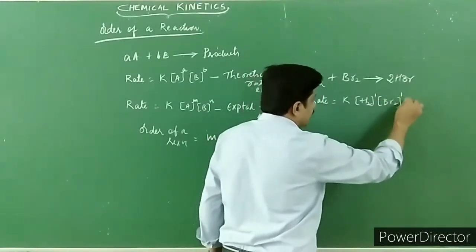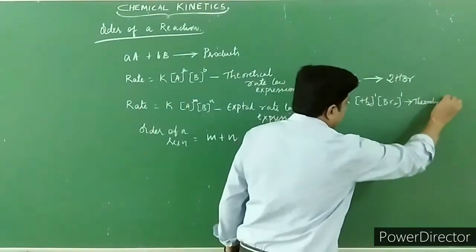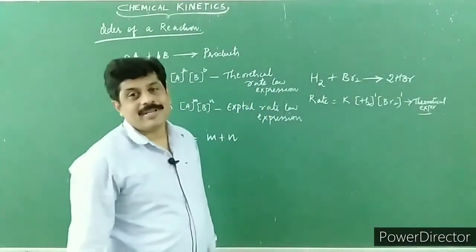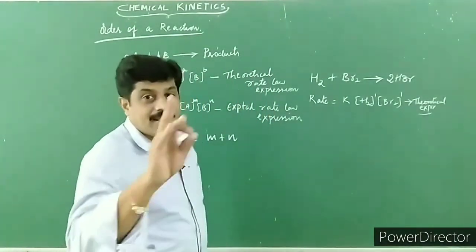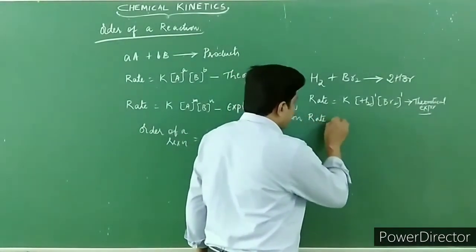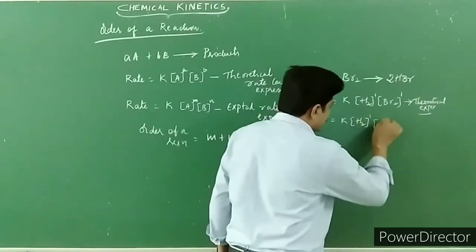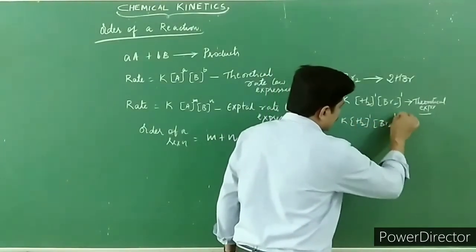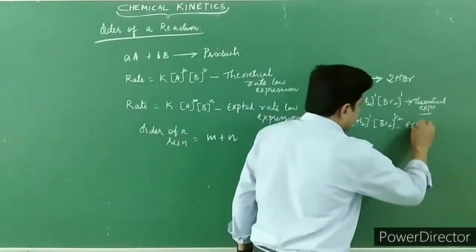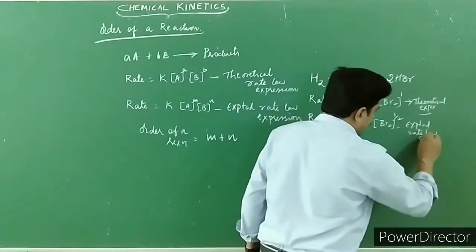So this is the theoretical expression, which is obtained from the balanced chemical equation and as per the law of mass action. But after conducting the experiment, if you find out the numerical coefficient, it would be somewhat like this. Children, so this is the experimental rate law expression.